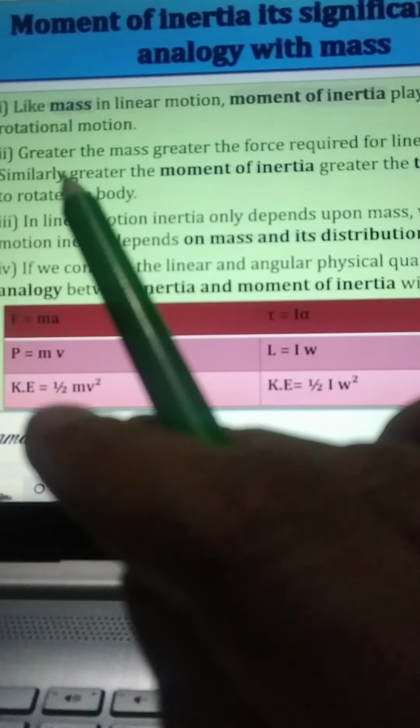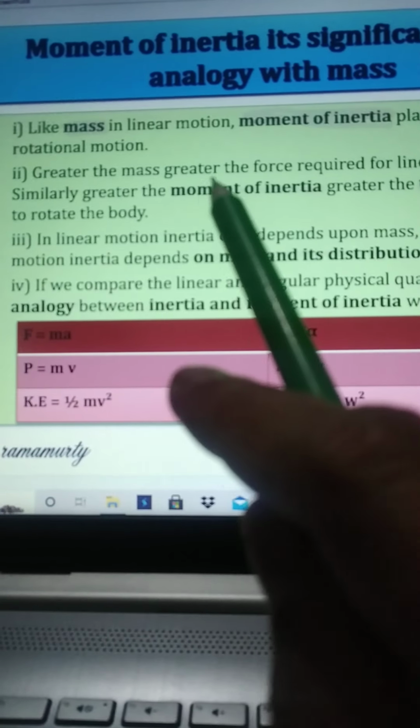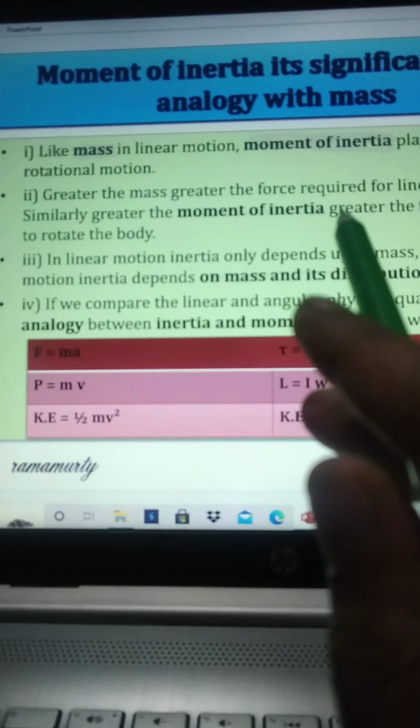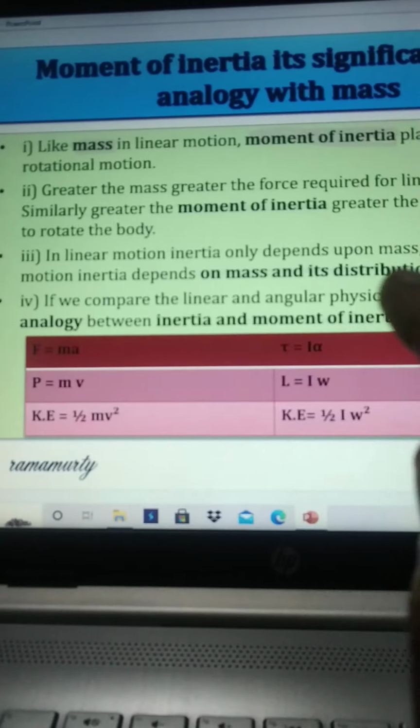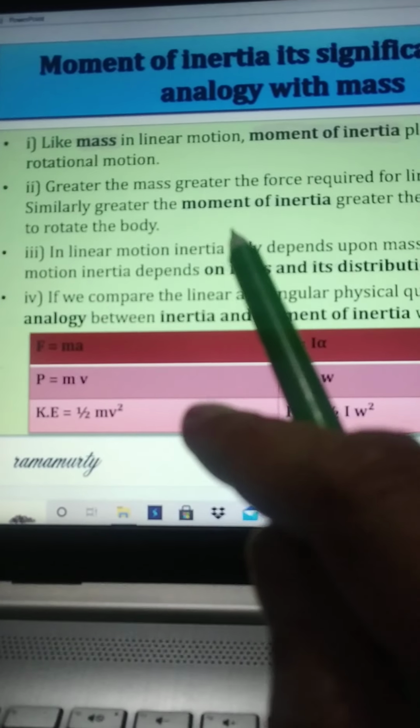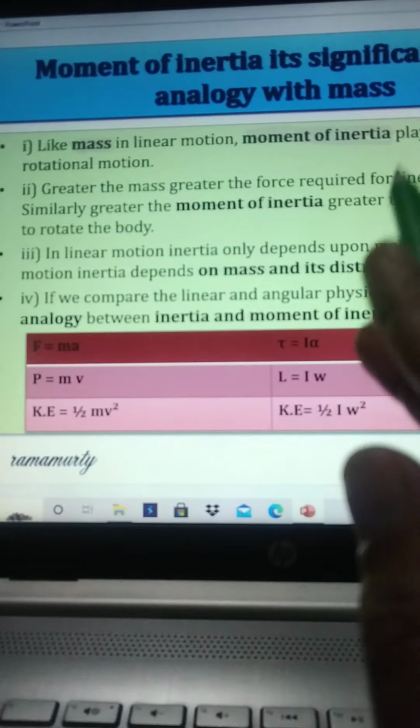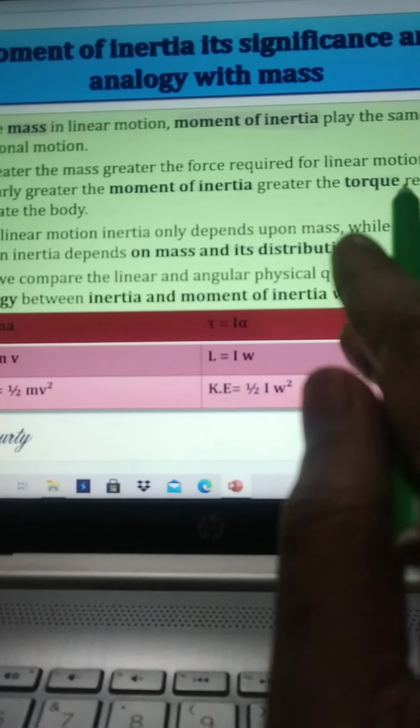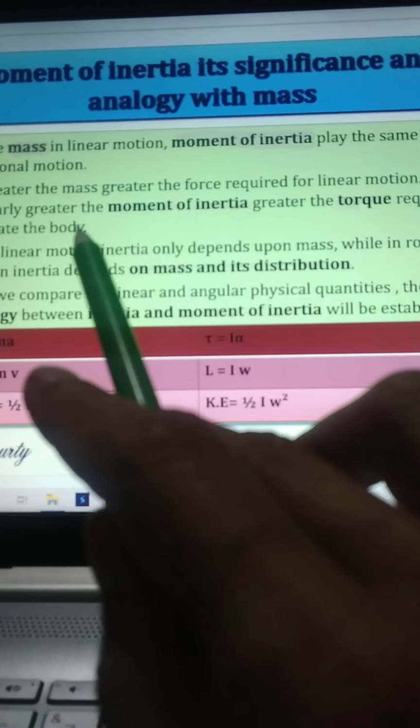Second, greater the mass, greater the force required for linear motion. Similarly, greater the moment of inertia, greater the torque required to rotate the body.